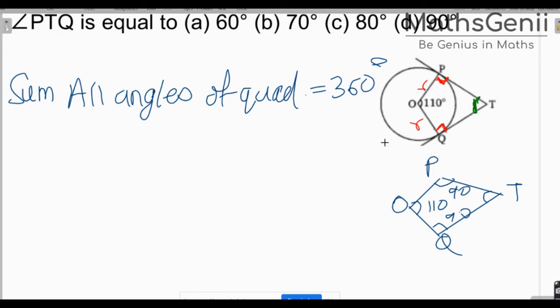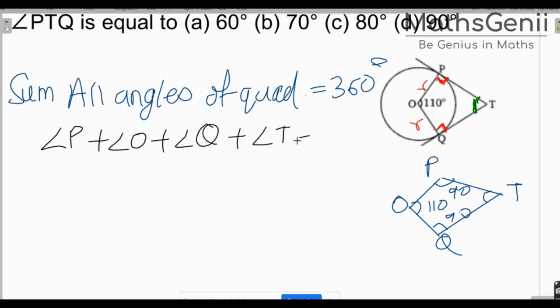So the sum of all angles of a quadrilateral is 360 degrees. Angle P plus angle O plus angle Q plus angle T should give you 360 degrees.